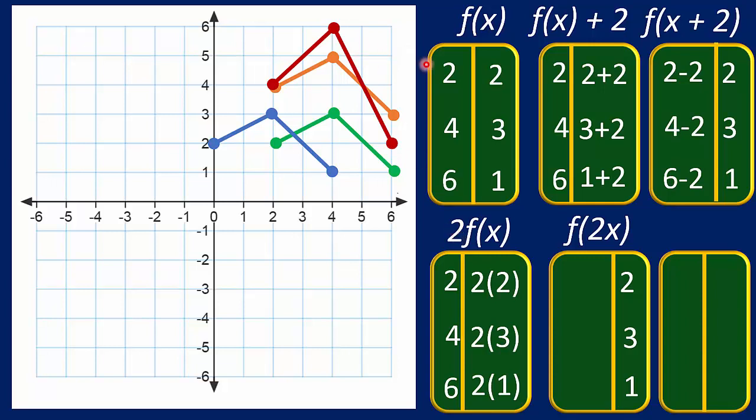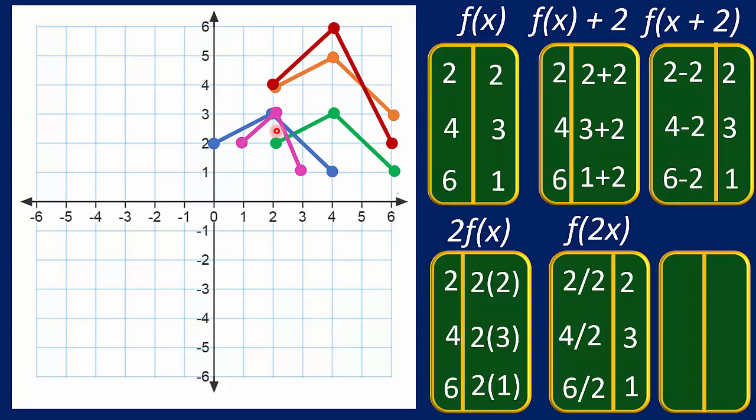Well, from the original x's, 2, 4, 6, we need to divide each one of those by 2 so that when we plug them in and they're multiplied by 2, they'll give us the same output on the y. Now, what that does is it affects the x this way. Notice, here is our new function.